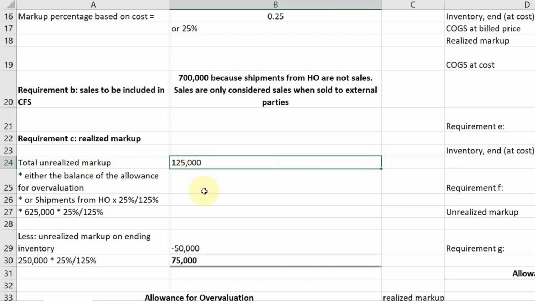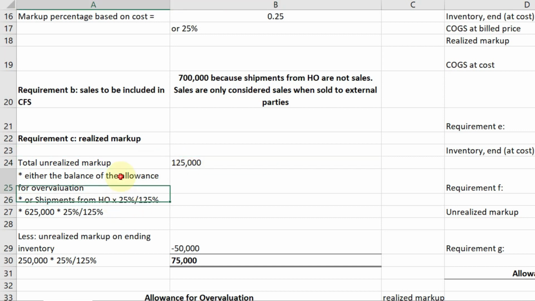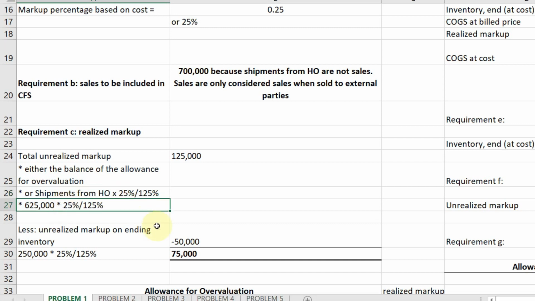So, makukuha mo siya sa either the balance of the allowance for overvaluation or shipments from HO times 25% divided by 125% or pwede mo siya makuha sa or this one, 625,000 times 25% divided by 125% you'll be given 125,000.